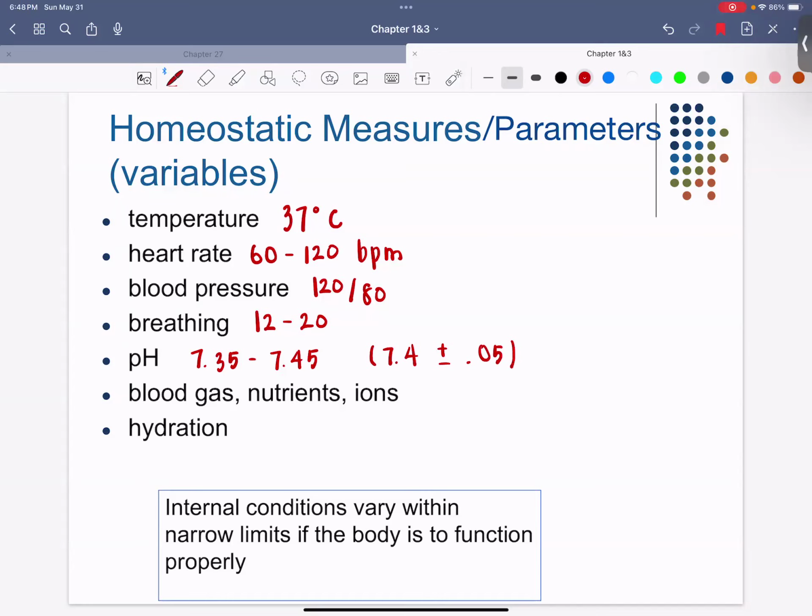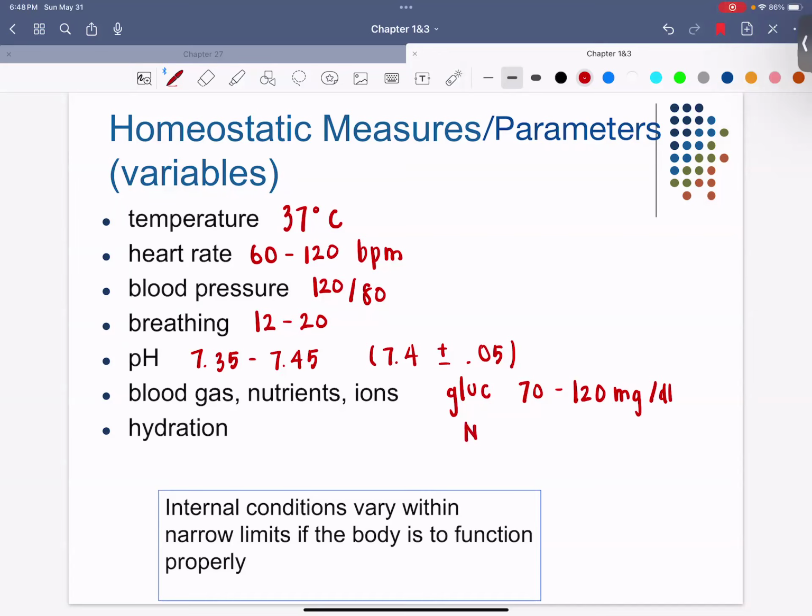The blood gases, oxygen, carbon dioxide, are also maintained within narrow limits. Nutrients like glucose range between 70 and 120 milligrams per deciliter.